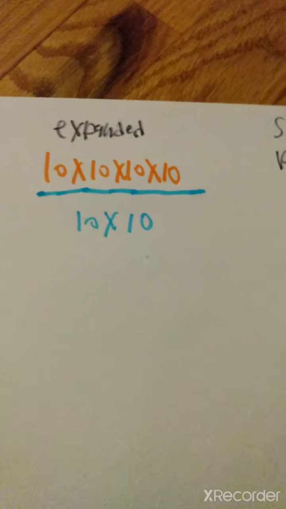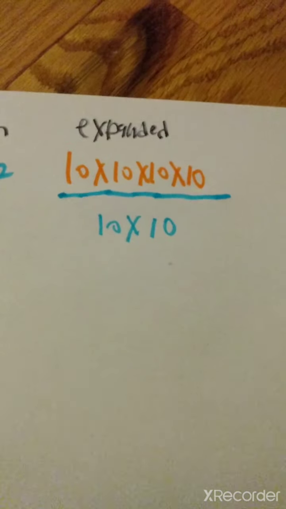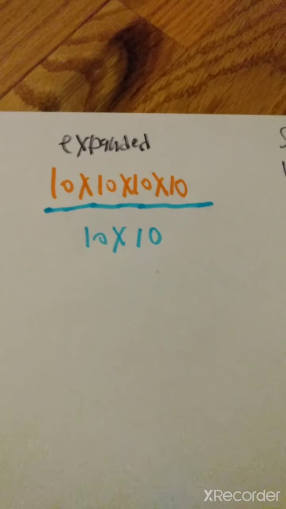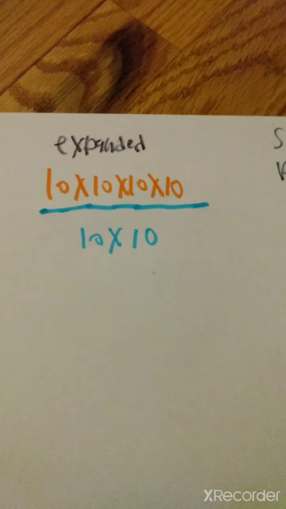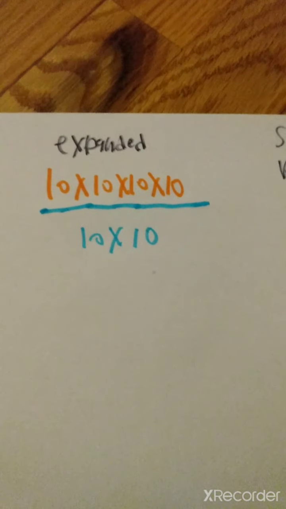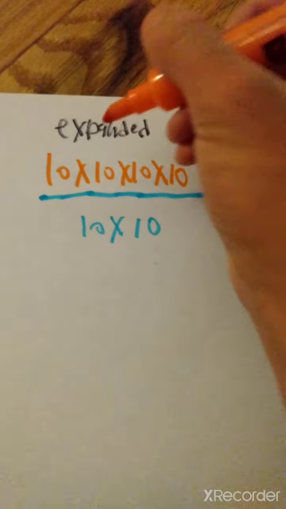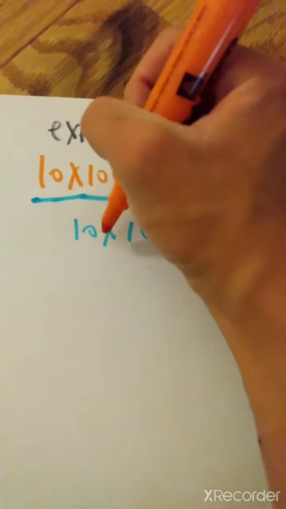What we're going to have to do to get our single powered answer is some canceling, partnering, and some leftovers. We're going to try to have the lowest possible number of 10s left over, because when we cancel out numbers, they have to be the same thing.